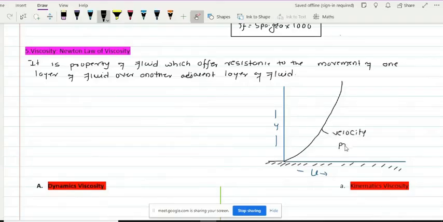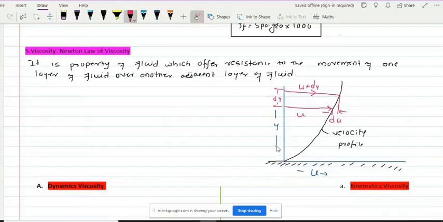Let us consider the first layer of the fluid moves with a velocity u. The second layer of the fluid moves with the velocity u plus du, and the distance between these two layers is dy, and the difference in velocity is du.